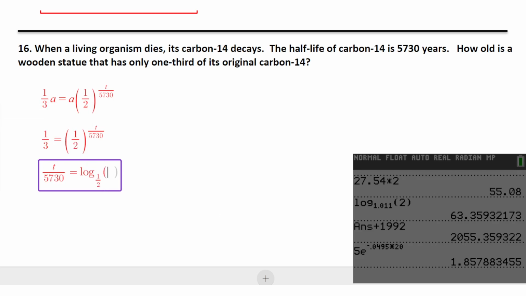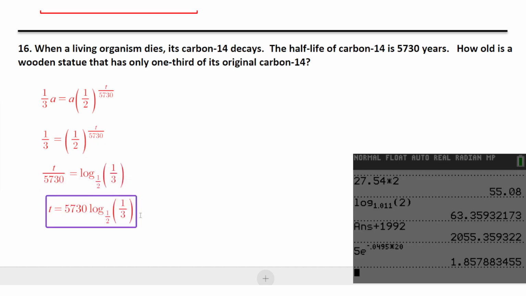So log base 1/2 of 1/3. And then I need to multiply both sides by 5,730. Just copy all that. And then time to go to the calculator, and then we're done here.